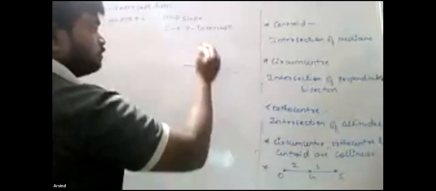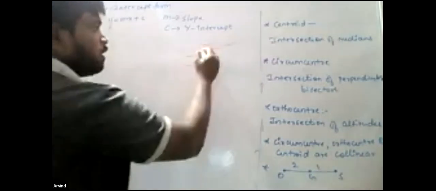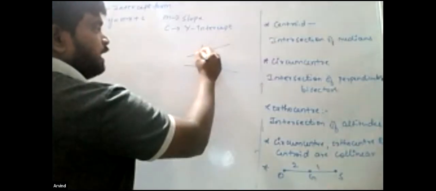Y is equal to mx plus c, where m is the slope and c is the y intercept. If the line cuts the y axis at c, it looks like this. Let's say like this. Okay, so the line is cutting the y axis at c. The slope of this line is m. Okay, this is known as slope intercept form.